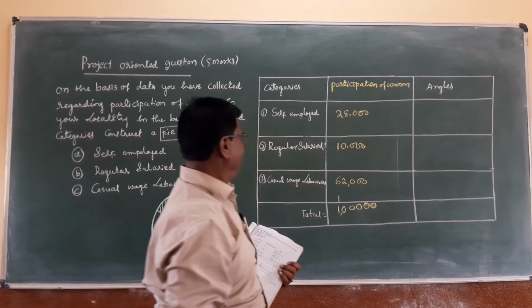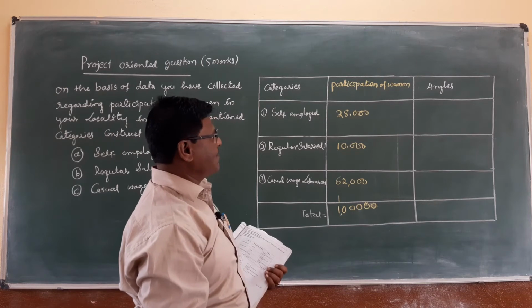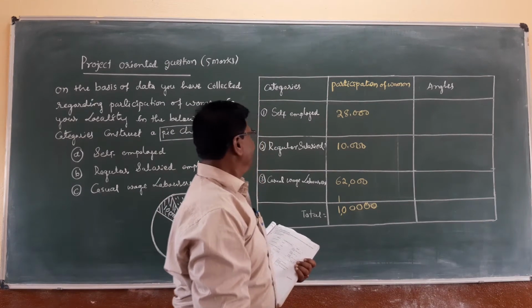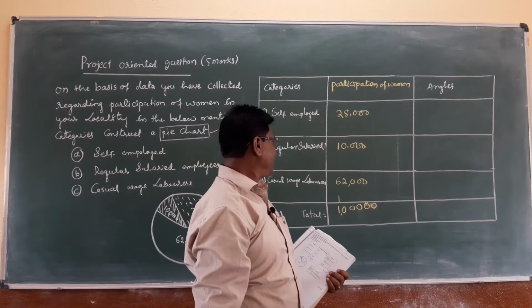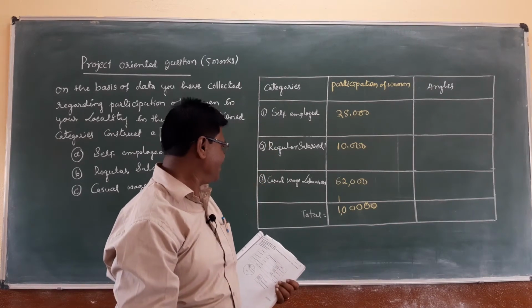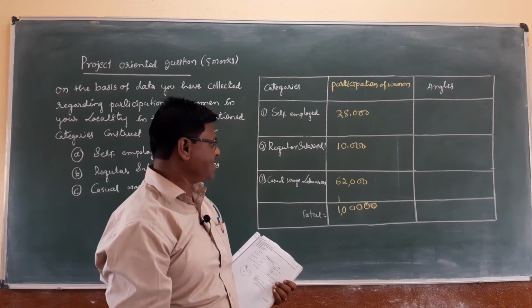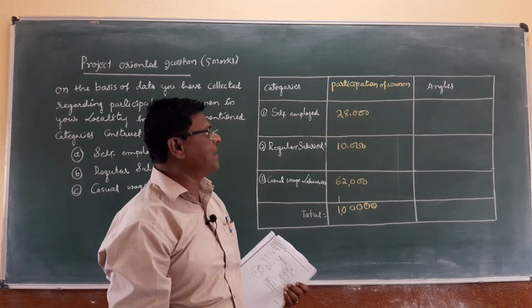The participation of women in self-employed is 28,000, regular salaried employees 10,000 and casual wage laborers 62,000, total 1 lakh.